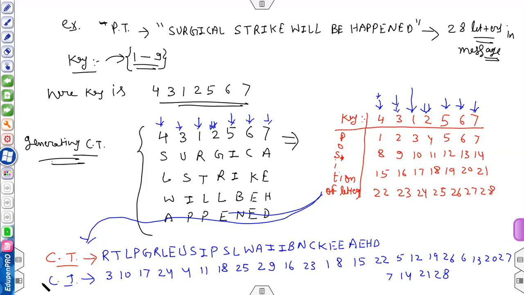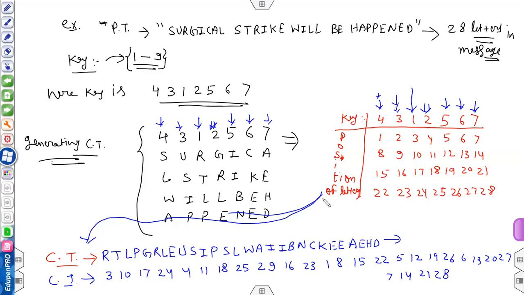Now, can we make it more complex? Yes, we can make it more complex if we repeat this process twice or thrice.